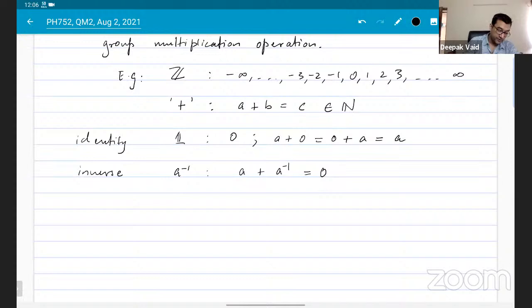So the way we would write this down is that we say this is the group. We say what is the multiplication operation and what is the identity.